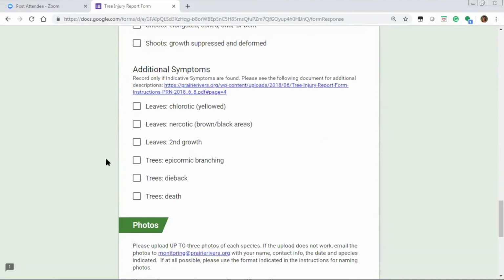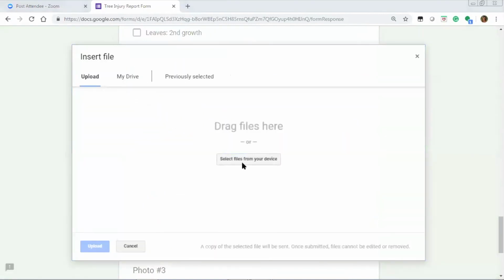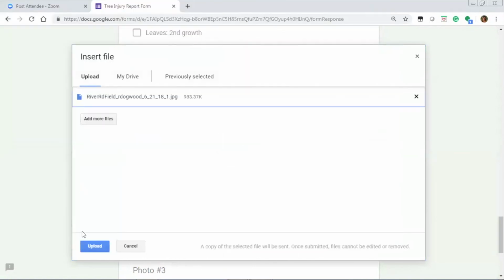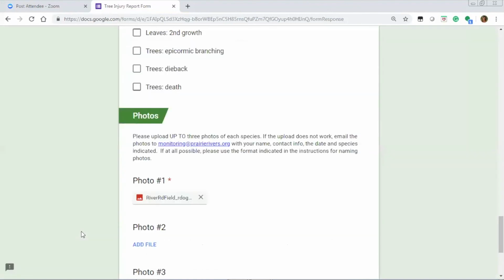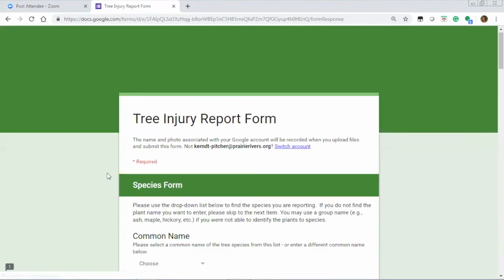No additional symptoms were listed. And we're going to upload our file, our photo. As you can see, this moves along pretty quickly once you have all of your information in front of you. Scroll down to the bottom, click Next, and we can move on to our second species.